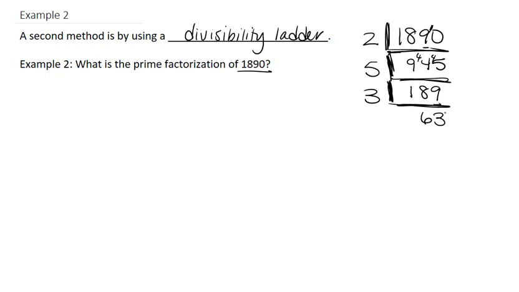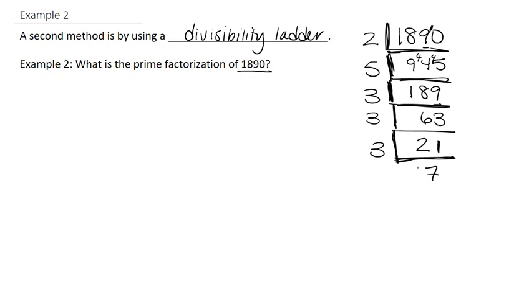So now we have 63. 63 can be divided by 3. 3 goes into 6 2 times. 3 can go into 3 1 time. Now 21. This can be divided by 3, and 21 divided by 3 is equal to 7.